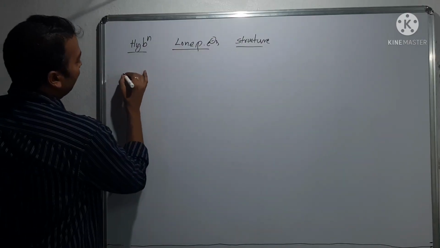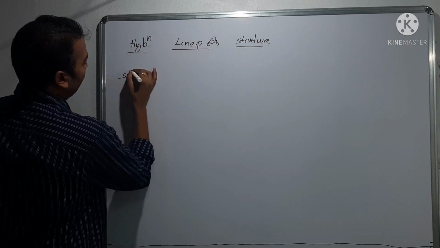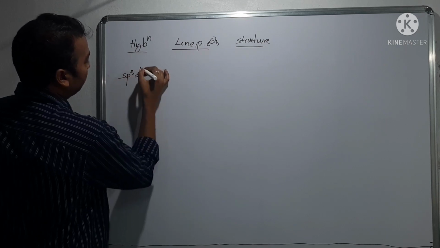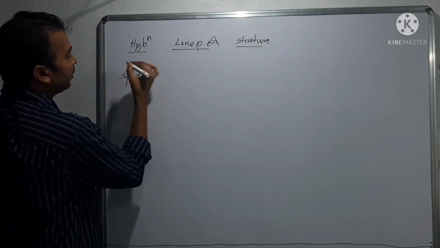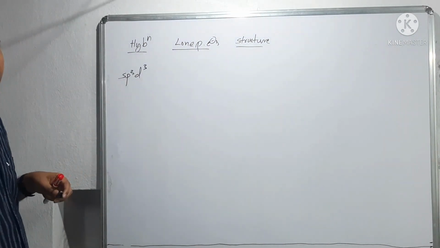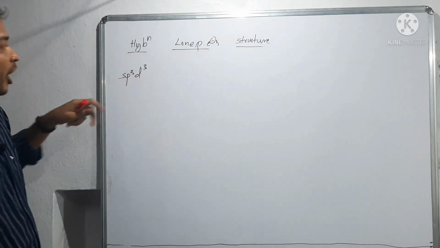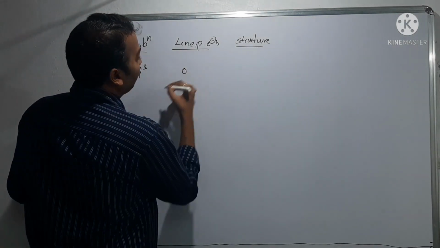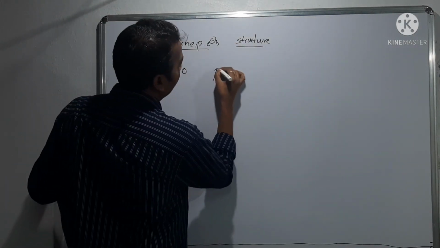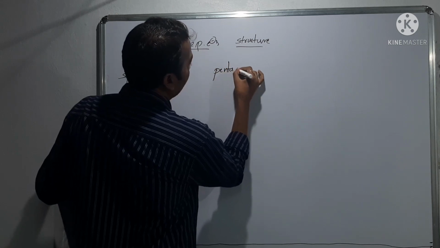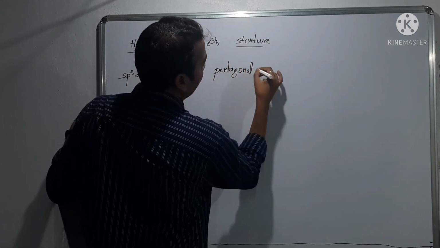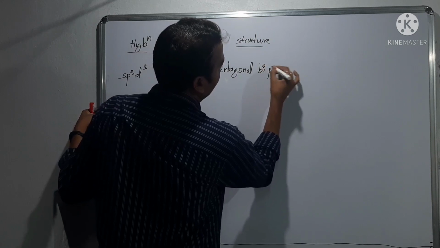So next, if sp3d3 hybridization is there, in sp3d3 hybridization without lone pairs, it has the structure of pentagonal bipyramidal.